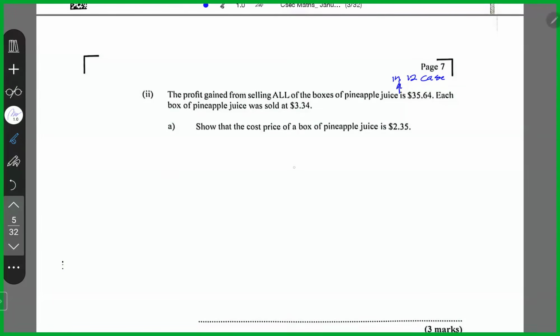All right, so in other words, the selling price is actually equal to the cost price plus the profit. Now, the profit for selling all the pineapple juices in 12 cases is $35.64.